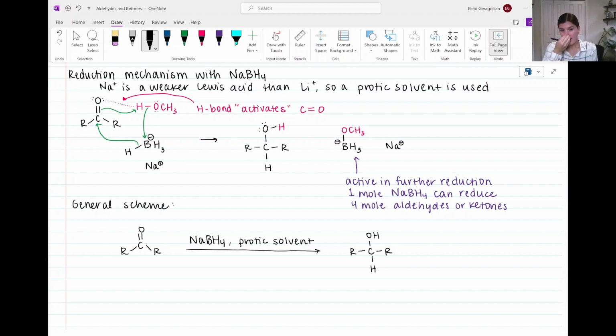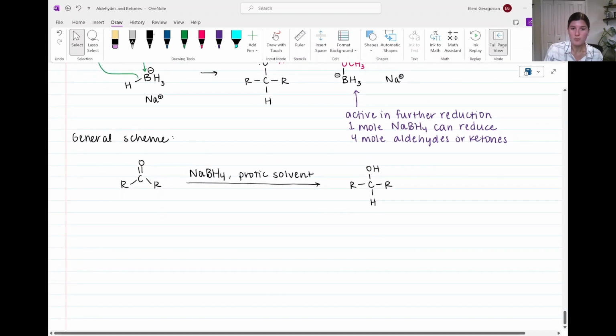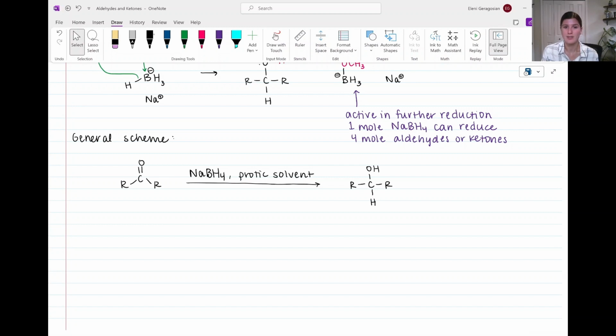Now we've talked about how lithium aluminum hydride is a stronger base, it's more reactive. It can reduce more functional groups, or different types of functional groups, than sodium borohydride can.